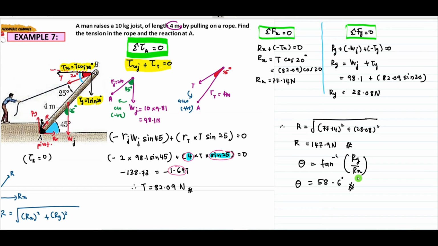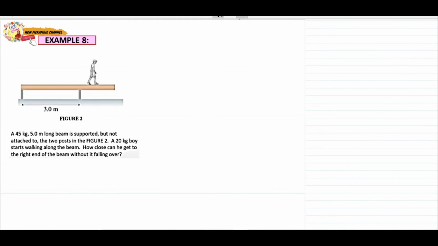Let's proceed to the last example for subtopic 8.2, example number 8. So now look at example number 8. Here we have a 45 kg, 5.0 meter long beam that is supported but not attached to the two posts in the figure.